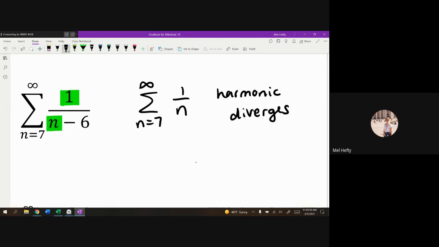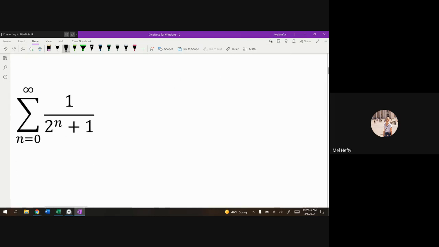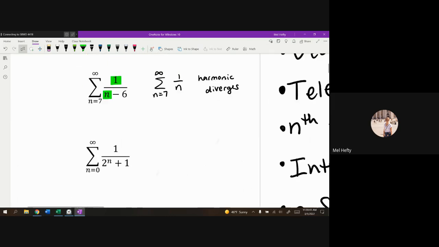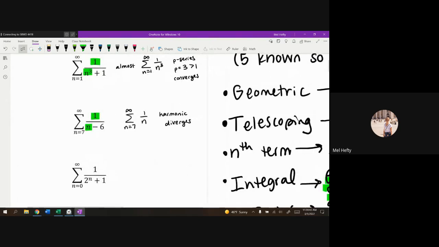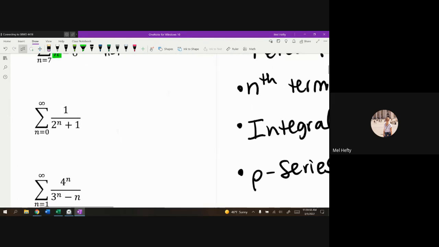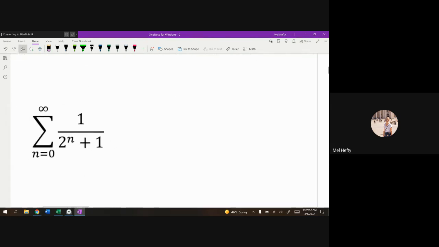All right, you don't need to write this down. Just look at the board. All right. What does this one kind of look like? That's a little creepier. Well, what have we been doing so far? What have I been kind of doing? Comparing, yes. All right, this one kind of looks like a geometric. What geometric do you see, Caitlin? All right, I see 1/2 to the n.